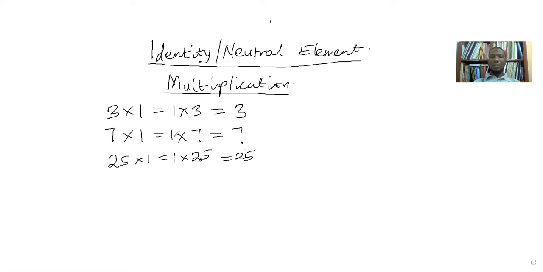So in each case we combine 1 with each of these numbers using the multiplication sign, and we get all the numbers back.